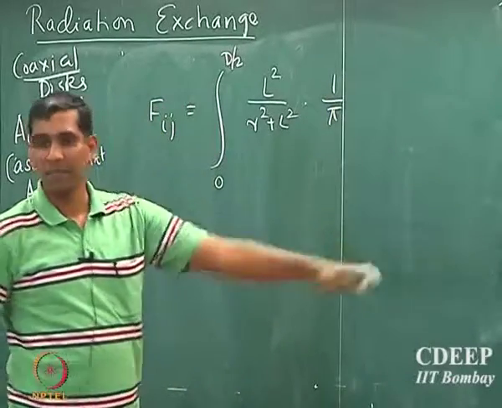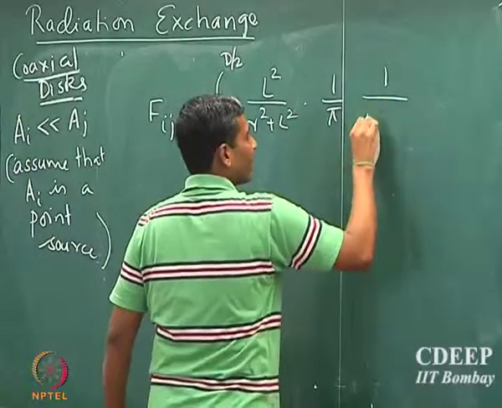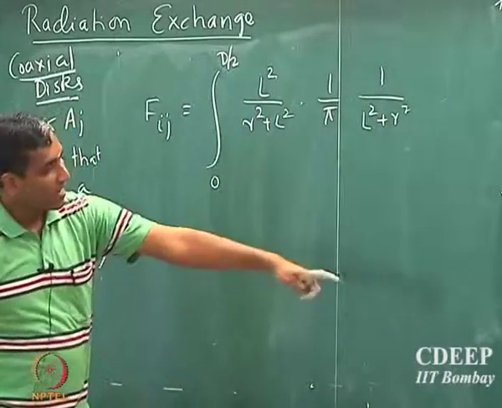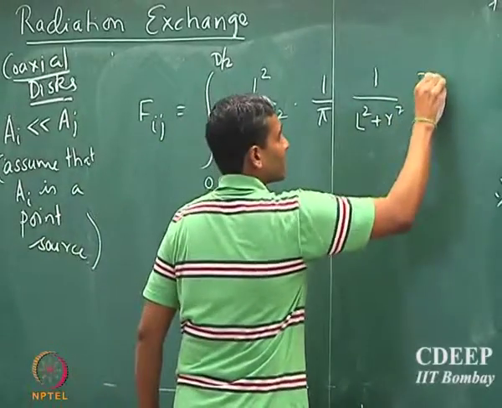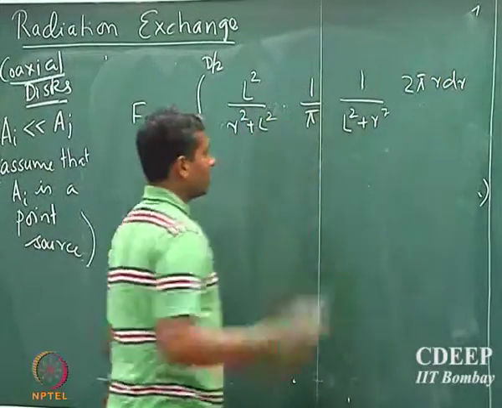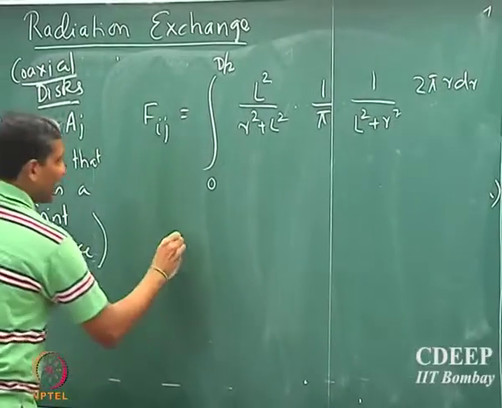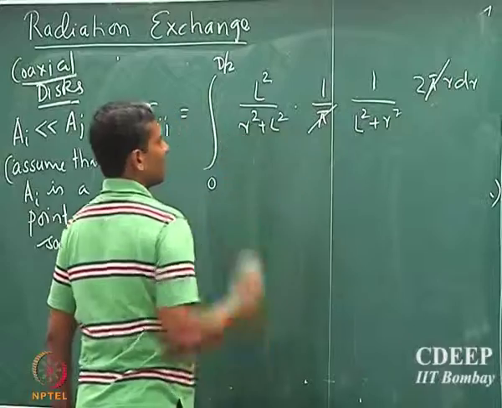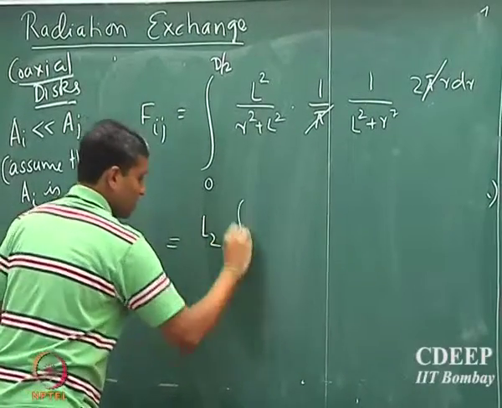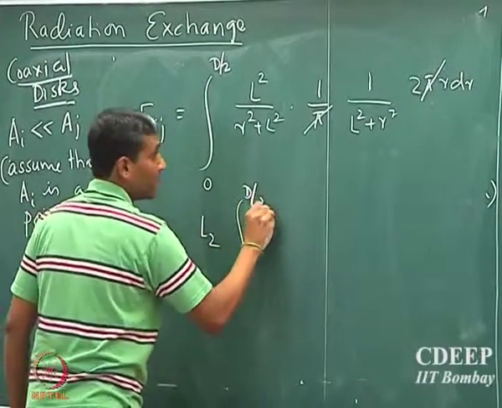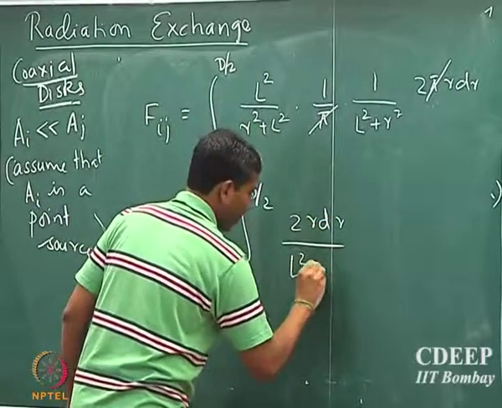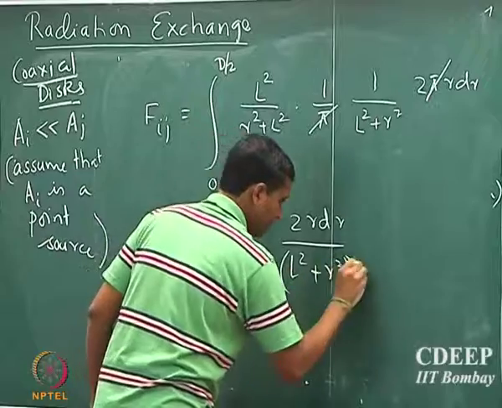R is root L square plus R square, so it will be 1 by L square plus R square, and dA is 2 pi r dr. So we can integrate this. Pi goes away, and so it will be L square integral 0 to d by 2 of 2r dr divided by L square plus R square, the whole square.